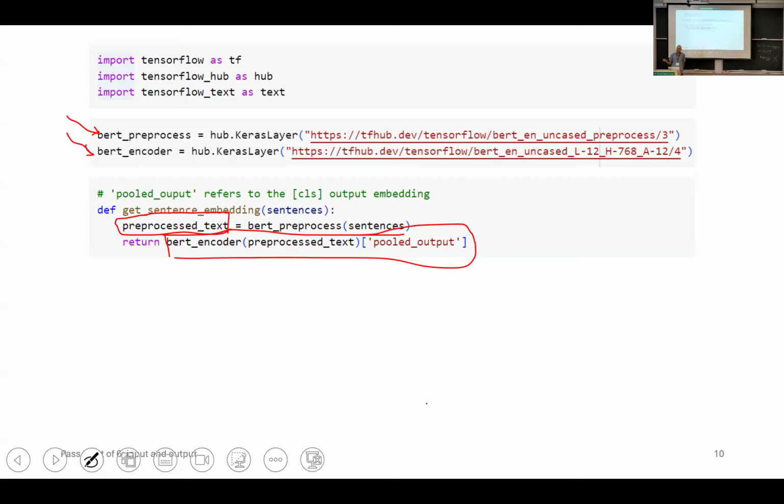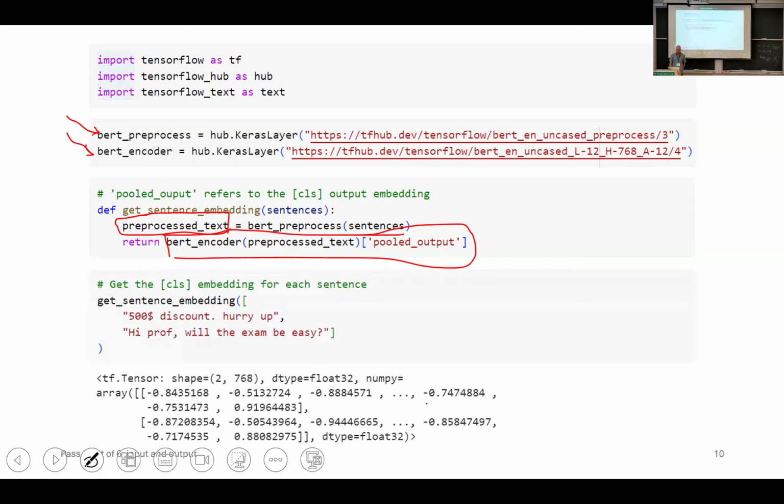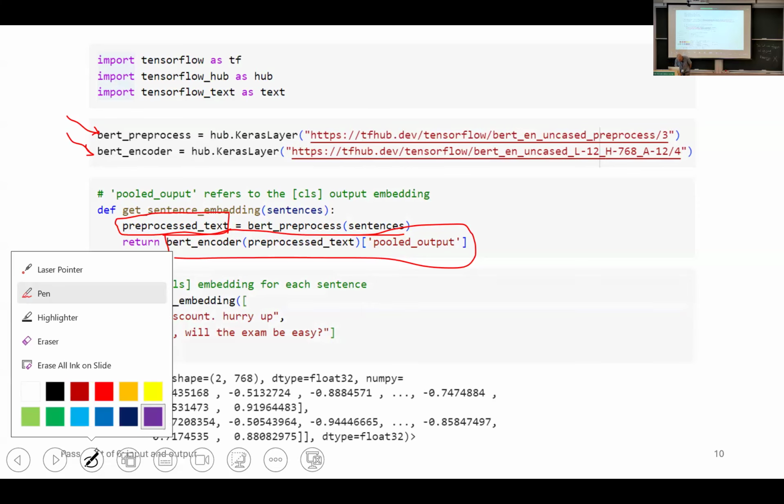And then we have a classifier. So here is just an example to see this output. If I have these two inputs, let me use a different color.